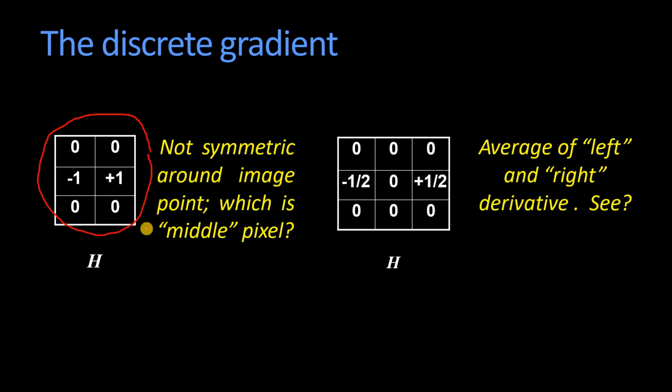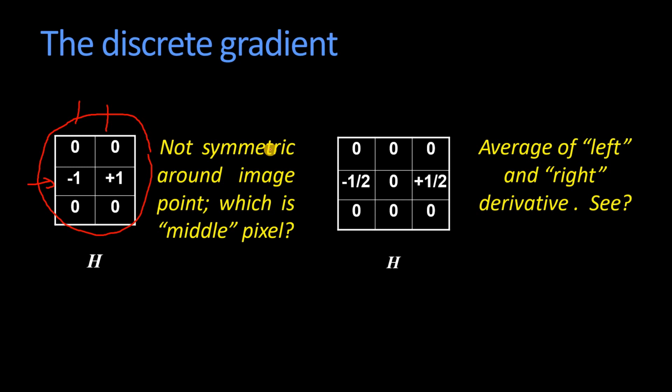This is a nice kernel, but it is not symmetric because there are only two values here. On this axis it's okay, maybe there is a middle value and then the top and the bottom are zero. But for the columns, there are only two columns, so it's not symmetric. So not a good thing.